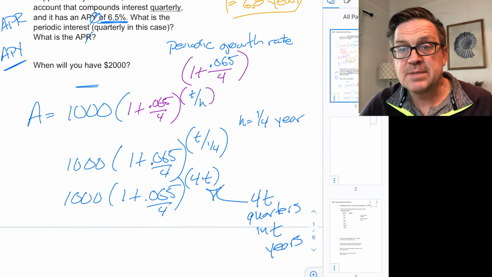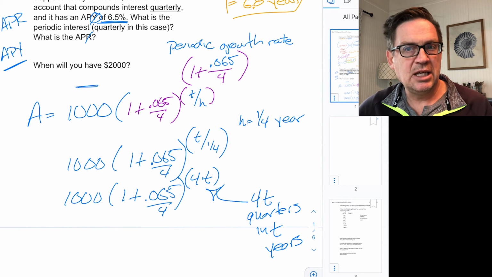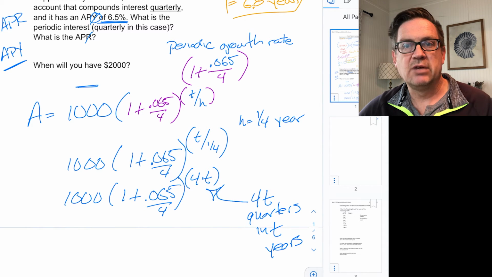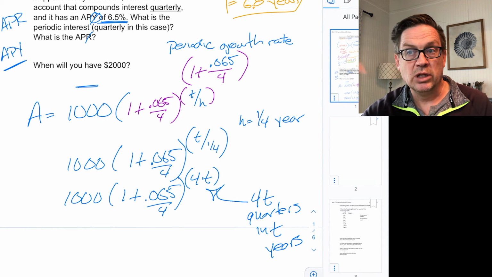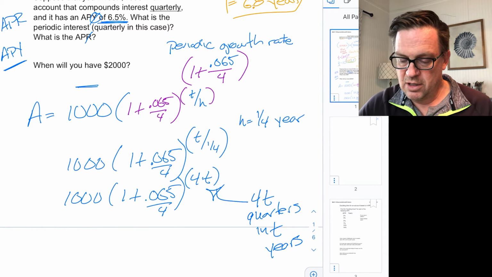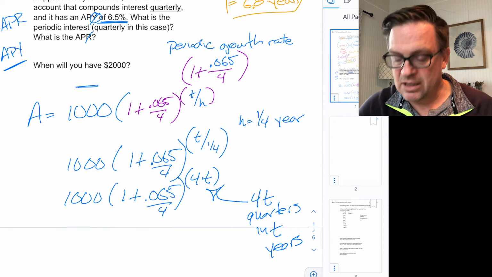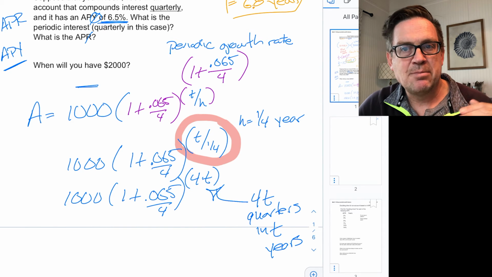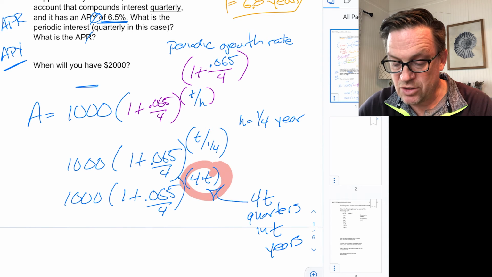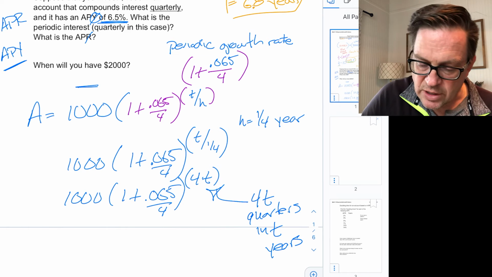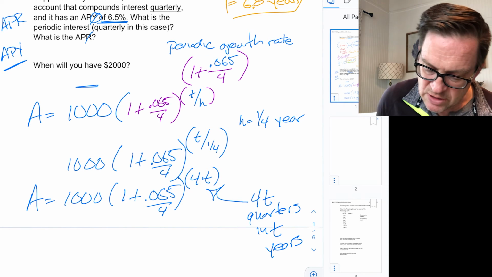We explained that the exponent was going to be n times t if you compound the interest n times every year: 4 times t if you compound the interest 4 times a year. Now that we've talked about exponential growth, we're really talking about dividing by the period, which is 1/4 of a year. We talked about that last week briefly: dividing by the period ends up being multiplying by the number of periods per year. And so you can get an equation like this, A equals that.